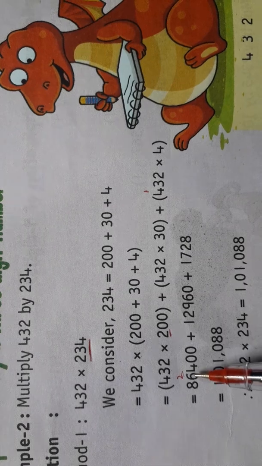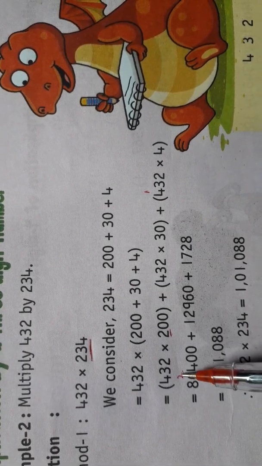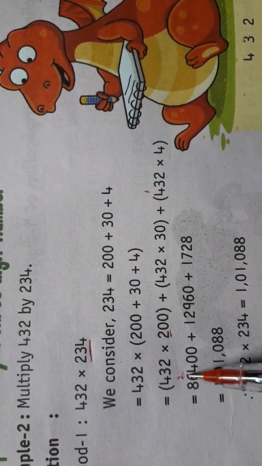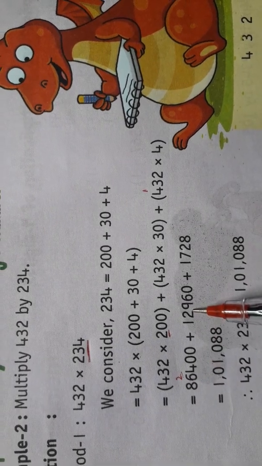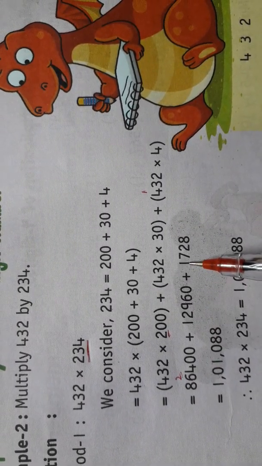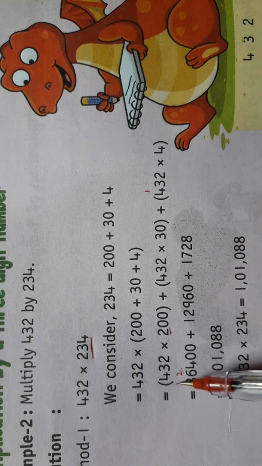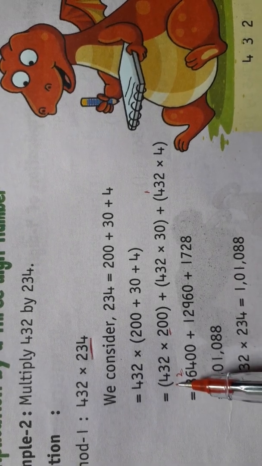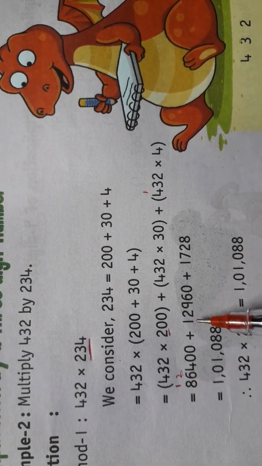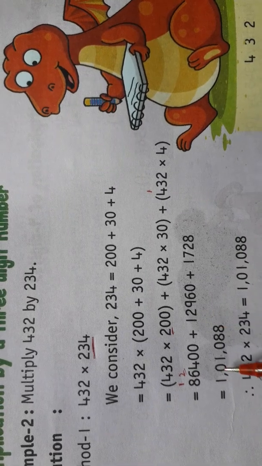Now thousands place, 6 plus 2, 8, 9, 10, 11, 1 and 1. 8 plus 1, 9, 10. 10 is the answer.